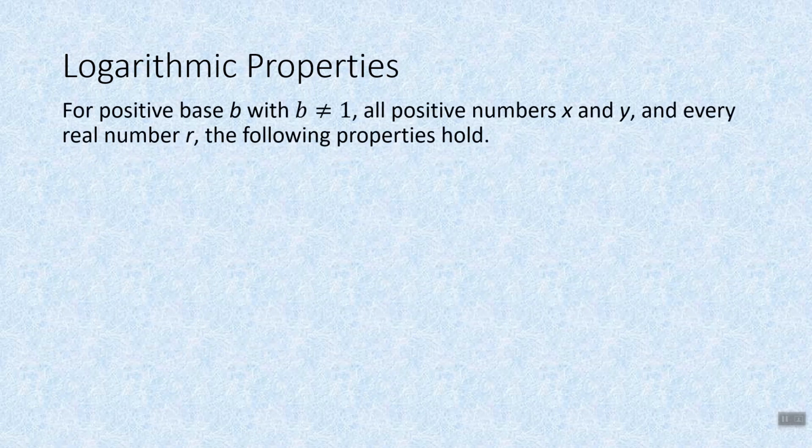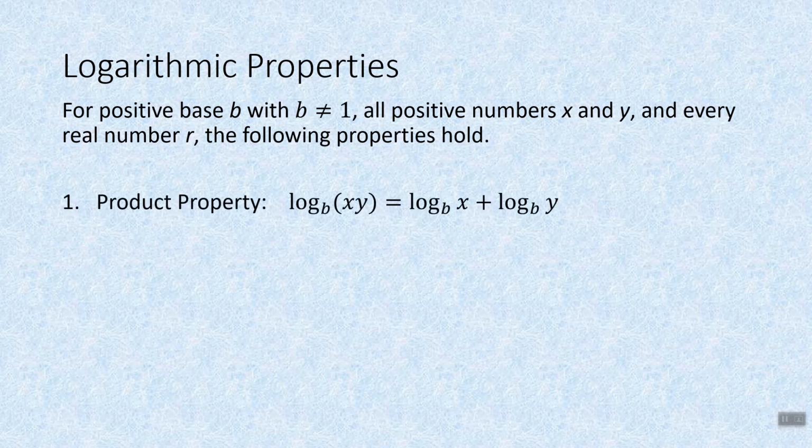So let's look at some properties. For base b with b not equal to 1, our positive base, very important, b is greater than 0, just like it was in our exponential functions. For any positive numbers x and y and every real number r, the following properties hold. We have a product property for logarithms, and it's the same as the product property for exponentials.